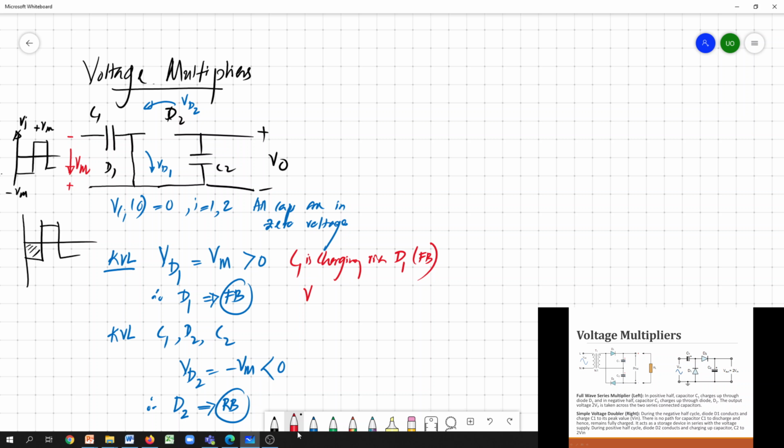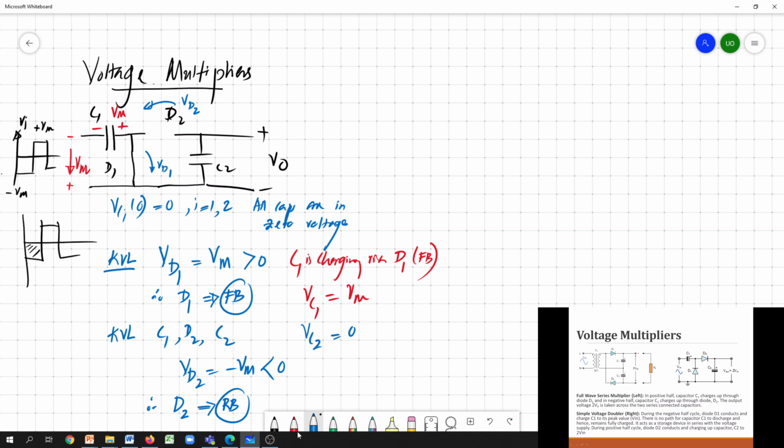What about VC1, the capacitor voltage? It is charged to Vm. Very simple. So during this first negative cycle, capacitor 1 gets charged to Vm, but VC2 is still at 0 voltage, with diode 1 forward biased and diode 2 reverse biased.